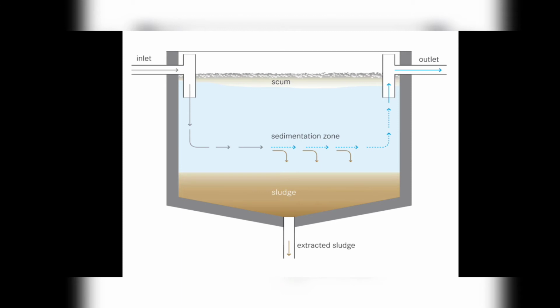As the water makes its way towards the weir, the large floc particles are allowed to settle out to the bottom of the clarifier. A rake continuously travels across the bottom of the clarifier and scrapes the settled floc to the center of the unit.